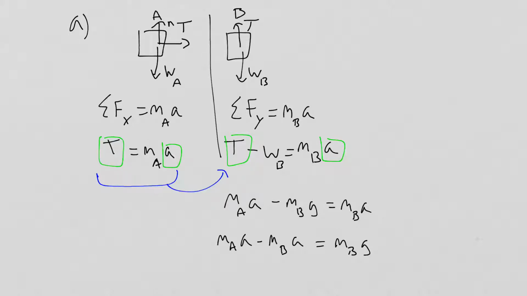Getting all the acceleration terms on one side of the equation and everything else on the other, I factor out an A. I'm going to move up to the top of the screen. Actually, I didn't have quite enough space for that. Let me try it over here. Oops.